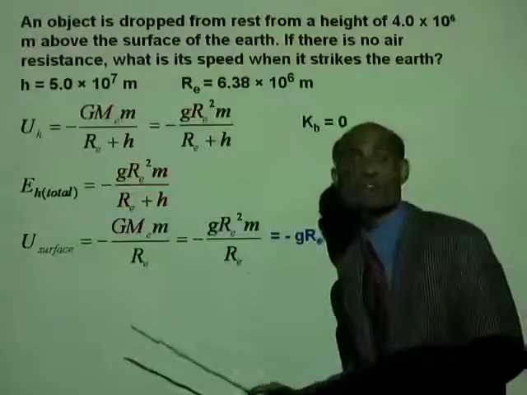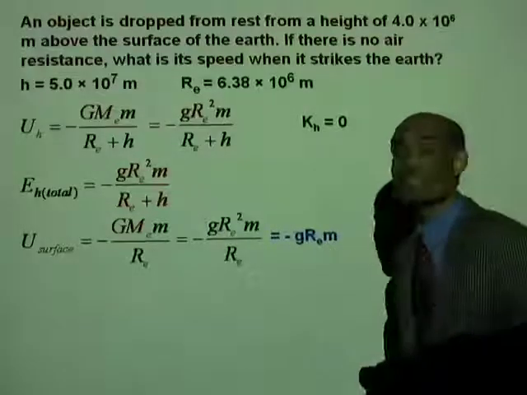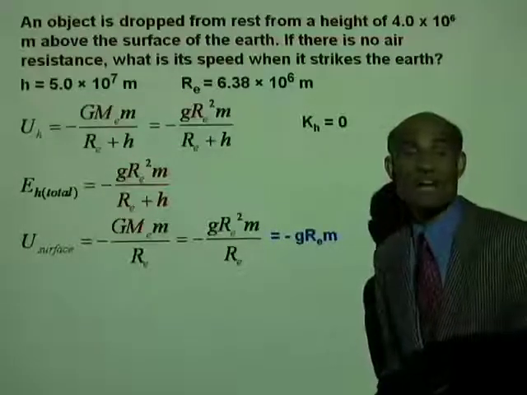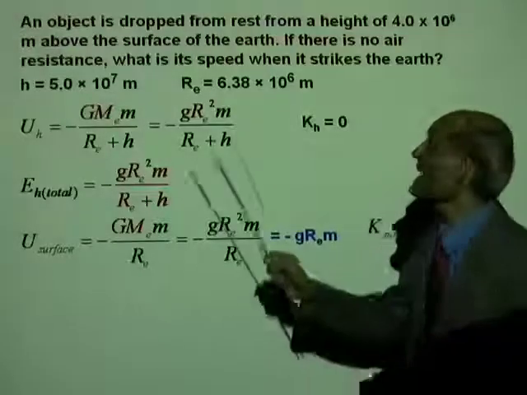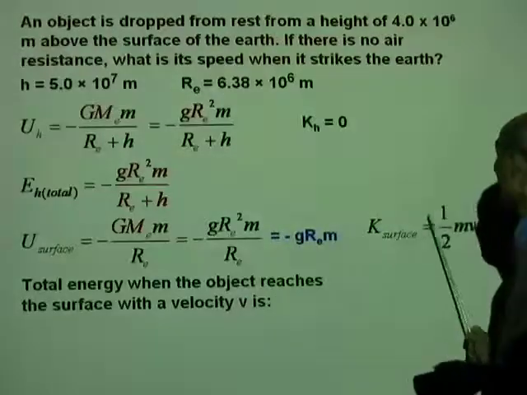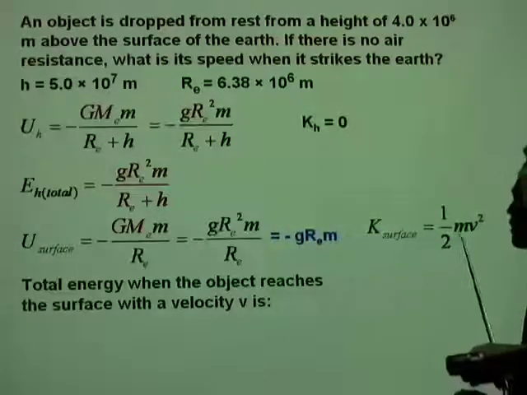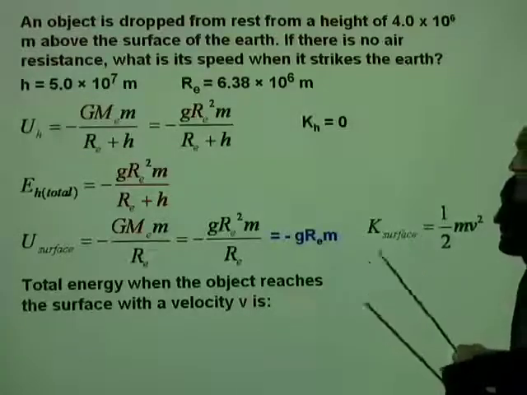The potential energy of the object on the surface of the earth is negative g REM. And it hits the ground with a speed v, which we need to find. Its kinetic energy on the surface is 1/2 mv squared.